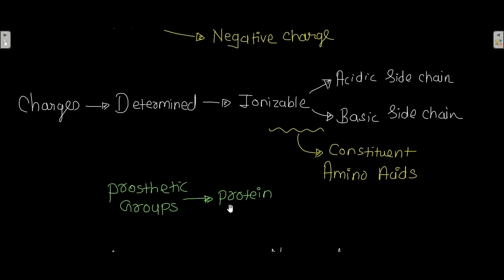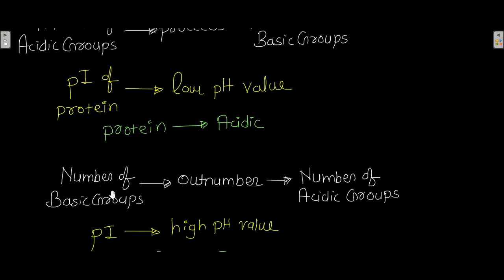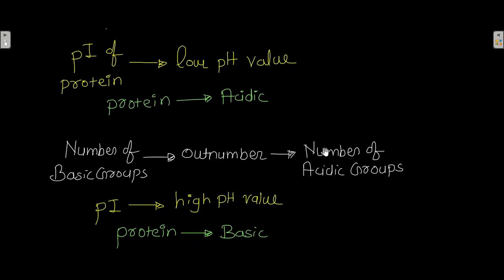Now, if the number of acidic groups exceeds the number of basic groups, then the isoelectric point of the protein will be a low pH value and hence the protein will be acidic. And if the number of basic groups is more than the number of acidic groups, then the pI of that protein will have a high pH value and the protein will be basic.